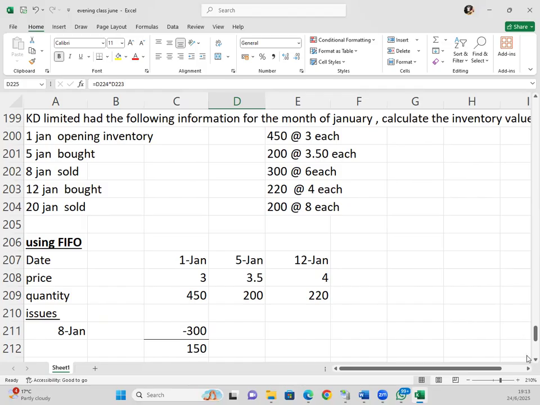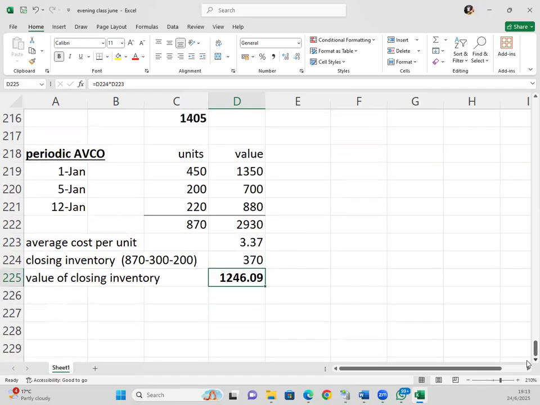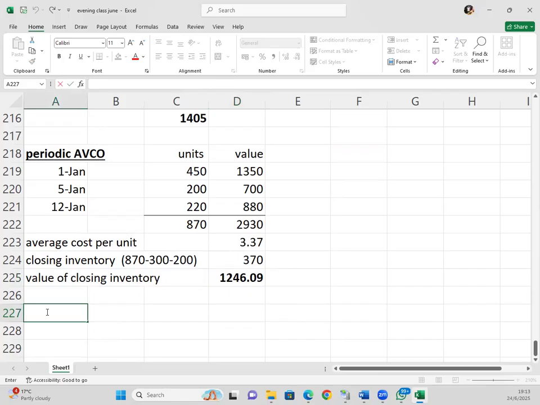Okay, let's move on. So now we are moving to the last method, which is the continuous AVCO.